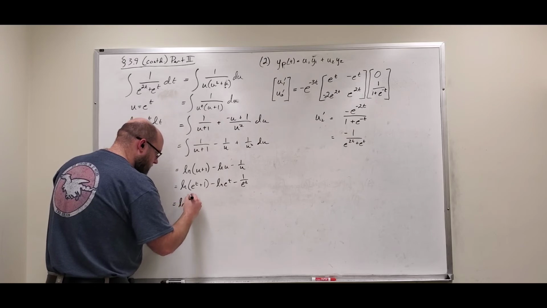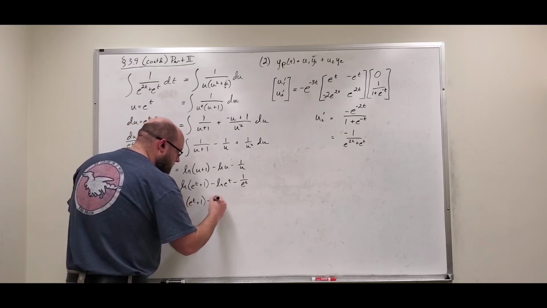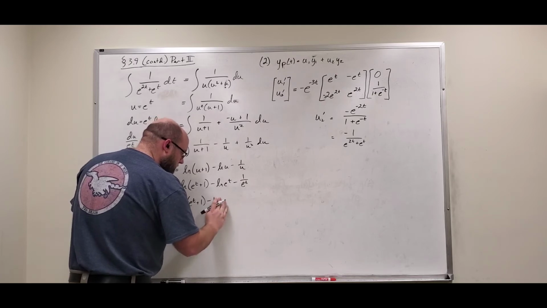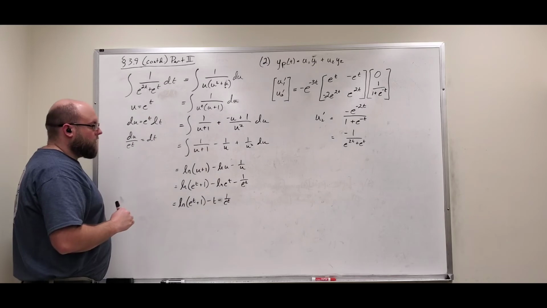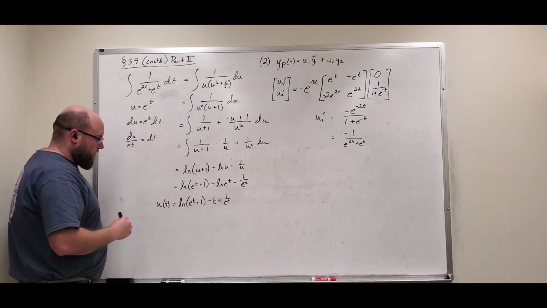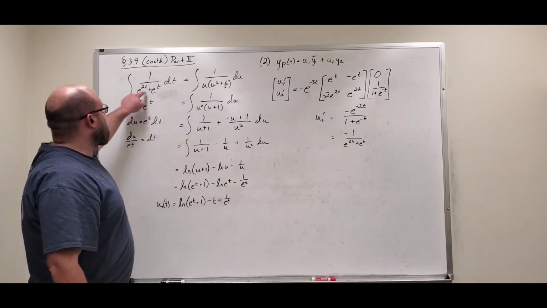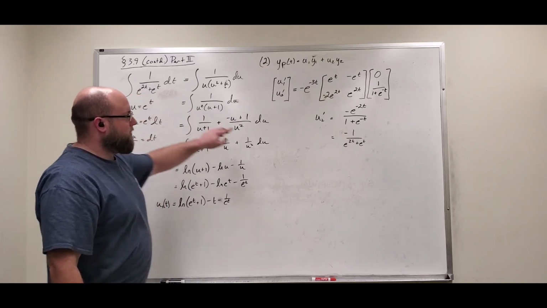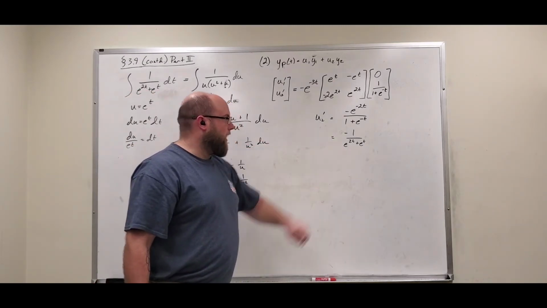So this becomes the natural log of e to the t plus 1 minus t minus 1 over e to the t. All right, this is our u1 of t. Well, we said u1 was this guy here. Well, u2 prime is just the negative version of that.